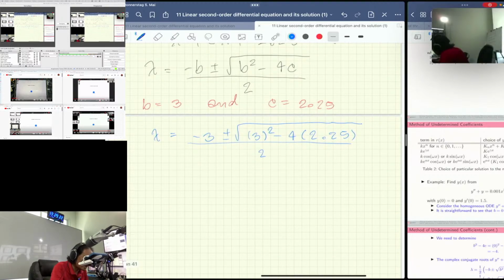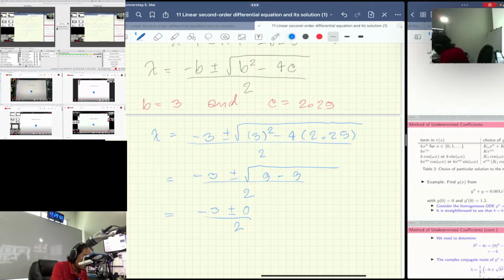Here you can see that it's negative 3, and plus and minus. You would have here number 9 minus, and here you have 9 also. So divided by 2, you're going to get minus 3 plus and minus 0 divided by 2.